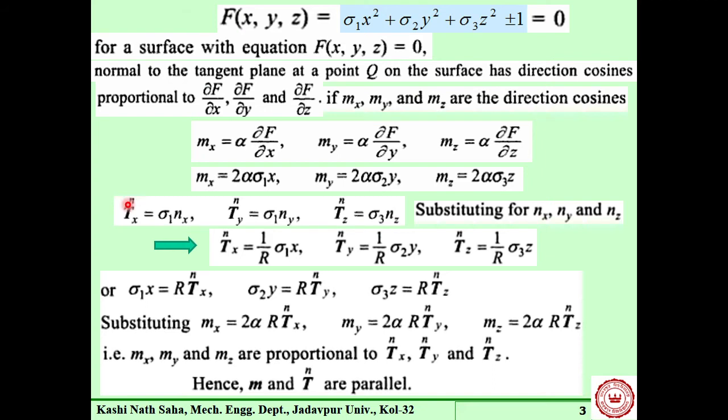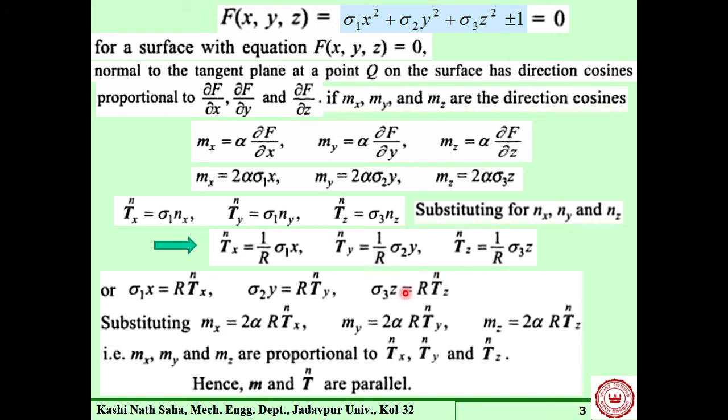So we'll get Tx is sigma 1 x by r, and sigma 2 y by r. Now, what does it mean? This sigma 1 x is Tx into r. Sigma 1 x is r into Tx. Here sigma 2 y is r into Ty. Like this.